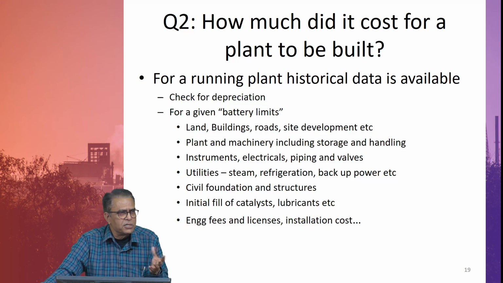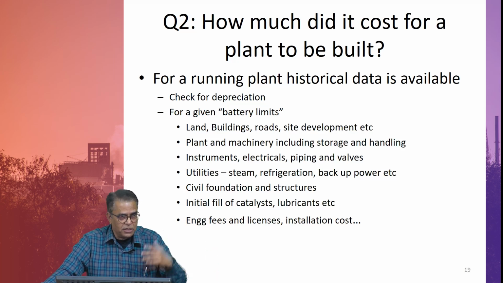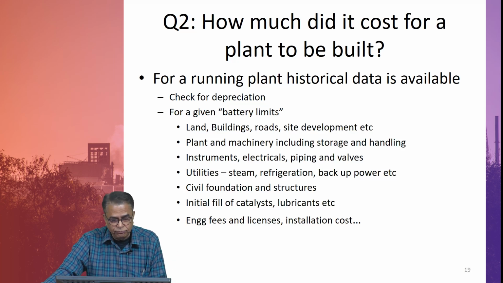Plant and machinery, which is the stuff like reactors, heat exchangers, pumps, columns, what have you. Storages are also included: storage tanks, both for the raw materials as well as for the finished product, or sometimes, if your finished product is a solid, large warehouses where the solids are stacked up. Material handling equipment, the works.